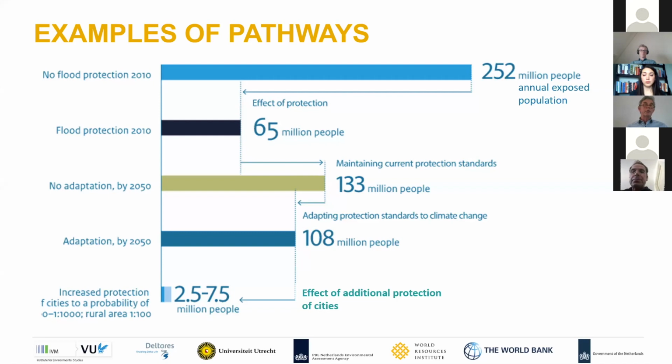And you see, for instance, that the blue bar above is the millions of people annually exposed without any protection. Philip showed you the FLOPROS map, which gives the flood protection we have now. And based on that, we have a substantial reduction of people annually exposed, up to 65 million people.